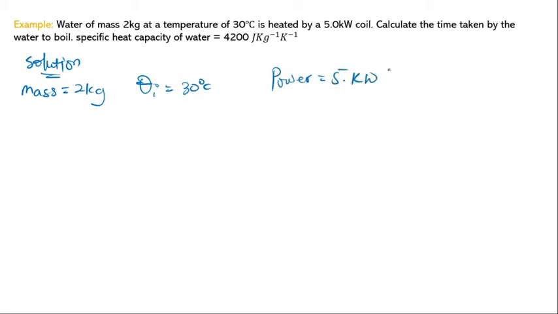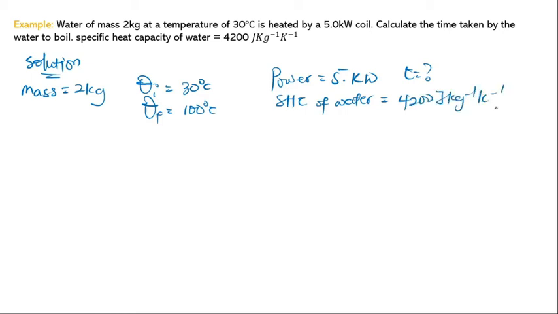We have to calculate the time, so the time is unknown, the time taken by the water to boil. By water boiling, it means the final temperature is 100 degrees Celsius. We are given the specific heat capacity of water to be 4,200 joules per kilogram per Kelvin.